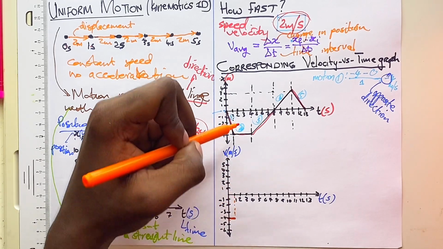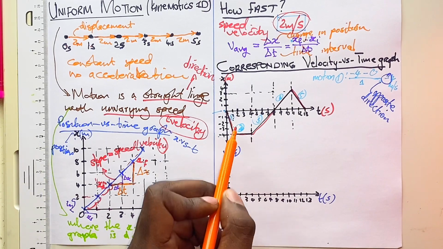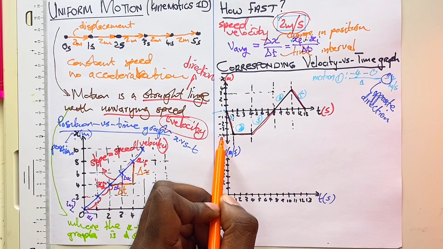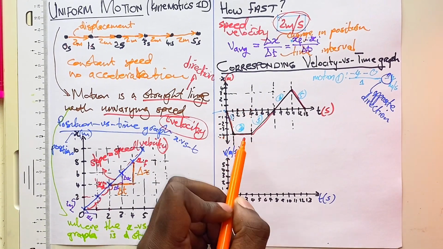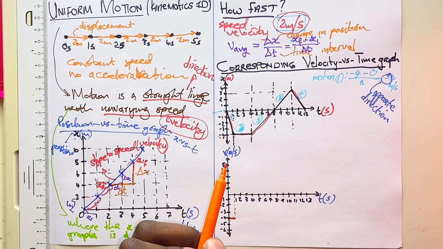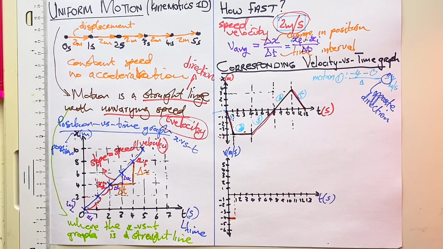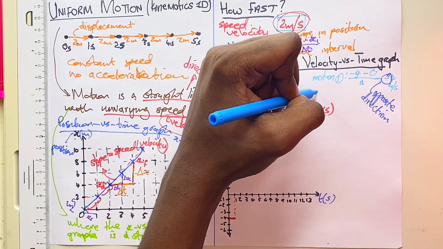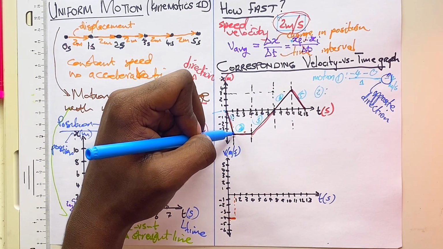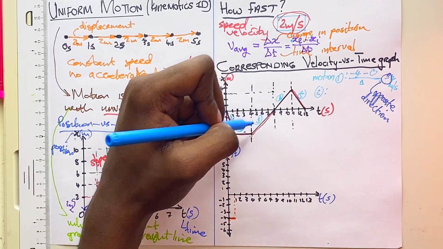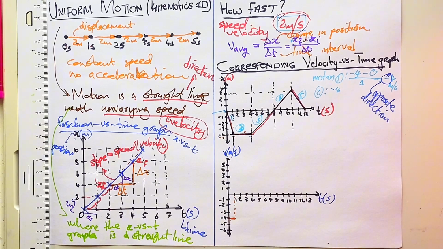Now from 1 second to 4 seconds, it moves in a horizontal line. Therefore it doesn't actually change position from negative 4. It stays at negative 4 for 1, 2, 3 more seconds. Therefore it has no speed. We can even calculate the same way we calculated motion 1 and say for motion 2, what is the average velocity? The average velocity is taking the final position, which is minus 4, because our particle is still at minus 4.